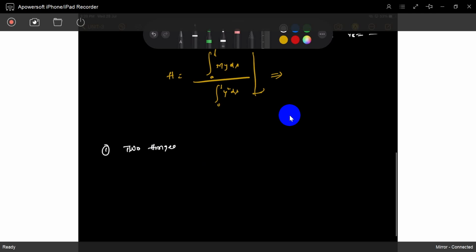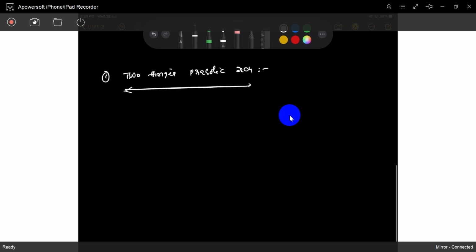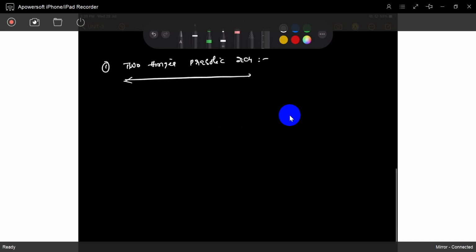Two-hinged parabolic arch. It's not a semicircular arch, it's a parabolic arch.